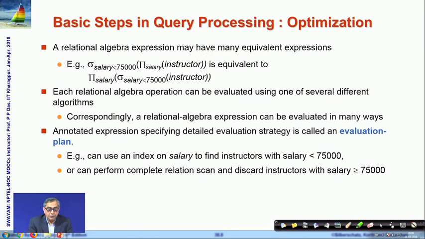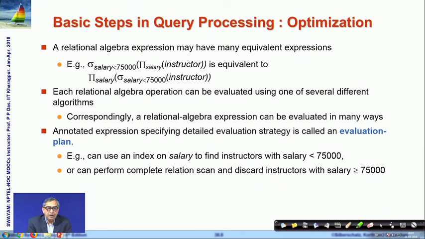It is also clear that this particular relational algebra expression can be equivalently written by swapping these two operations. That is, we can first do a selection and then do the projection. They are actually equivalent, and there could be multiple equivalents. So, given a query there could be multiple relational algebra expressions, and the operations can be evaluated by using one or more different algorithms.